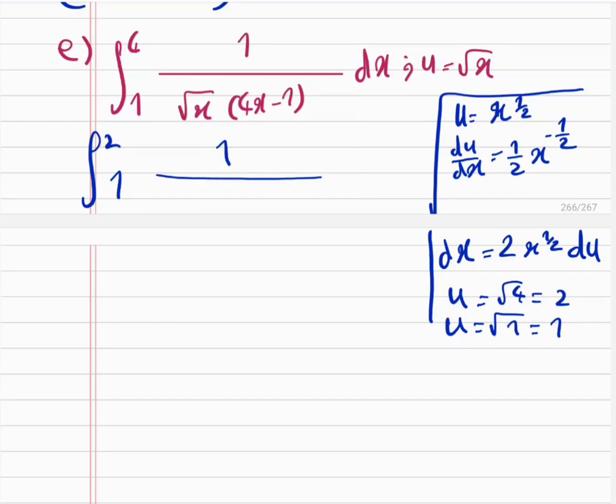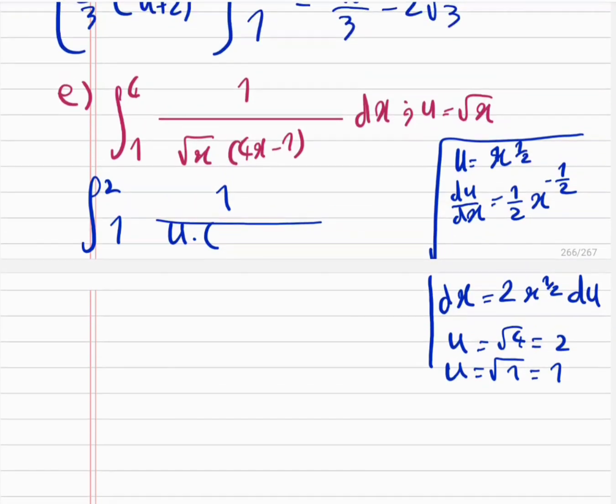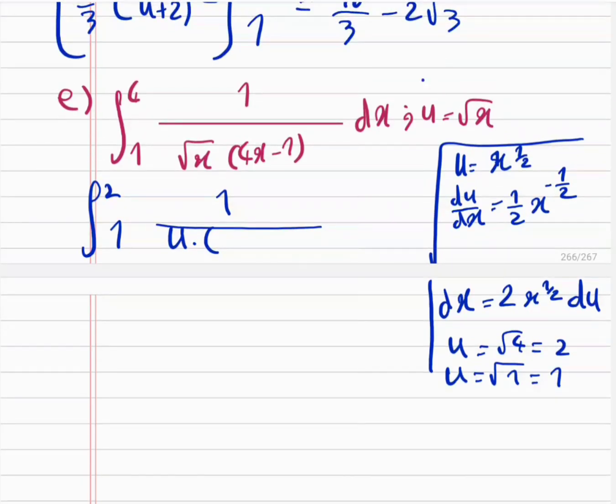In terms of the substitution, root x is basically u. And now for 4x, remember that if we square both sides, we get u squared is equal to x. So 4x minus 1 is the same as 4u squared minus 1. And then for the dx, we substitute what we got, which is 2x to the power half du.